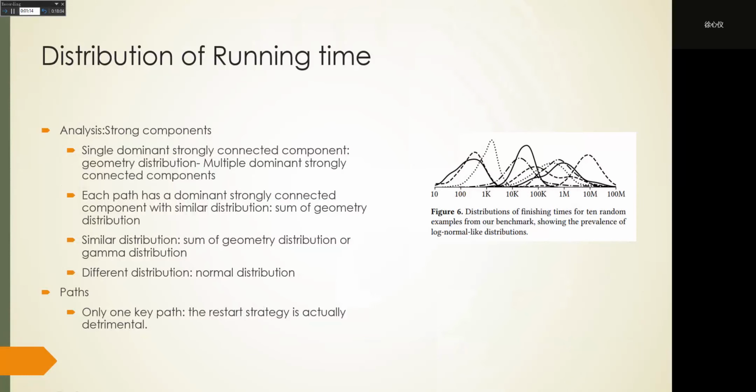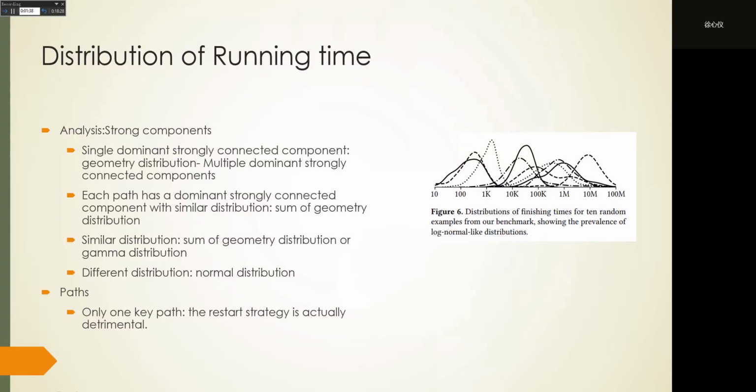But if you have multiple dominant strongly connected components, and each path has one dominant strongly connected component with similar distribution, then the whole distribution is just a sum of geometric distributions.